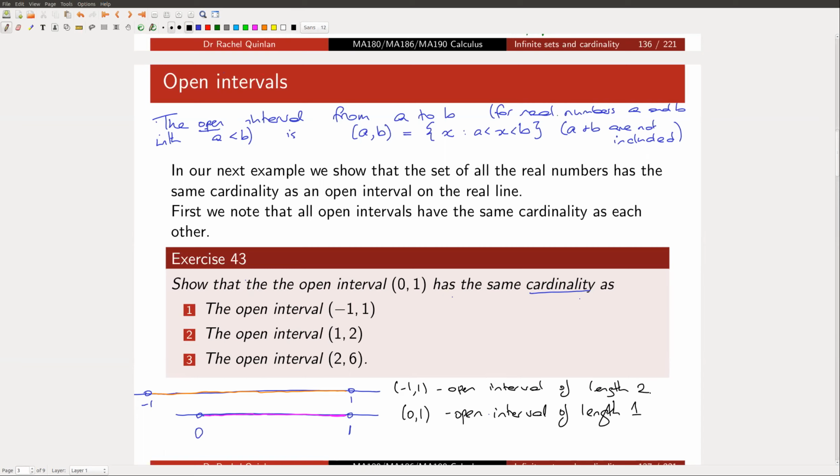So certainly, if you take the open interval from 0 to 1, you can relate that to an open interval of length 2 by just multiplying everything by 2.